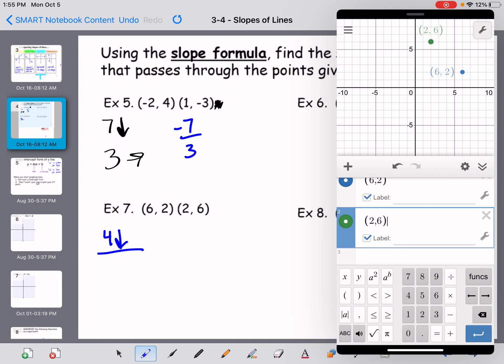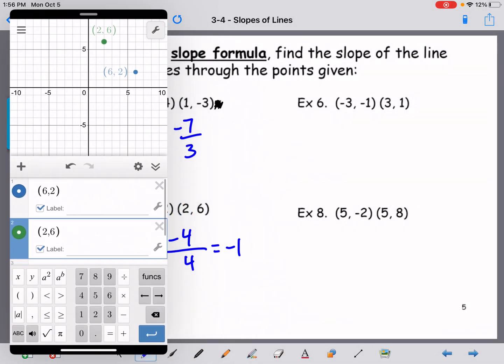And 1, 2, 3, 4 over. Now, that would be a negative 4 over 4. What does that simplify to? Right, a negative 1. So you remember you got to simplify your fractions.